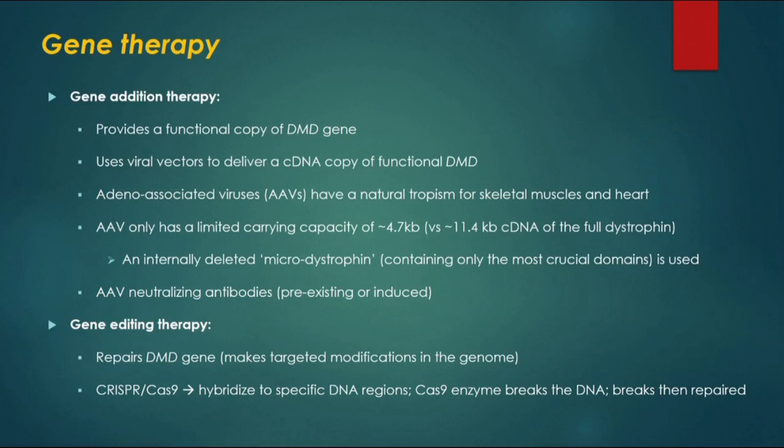And one other problem is that AAV does not integrate into the genome. So it is possible that when the muscle cell turns over, the AAV will be lost. So retreatment will be required in those cases. But most of these patients will develop antibodies once we treat with AAV, so retreatment is very difficult with these.